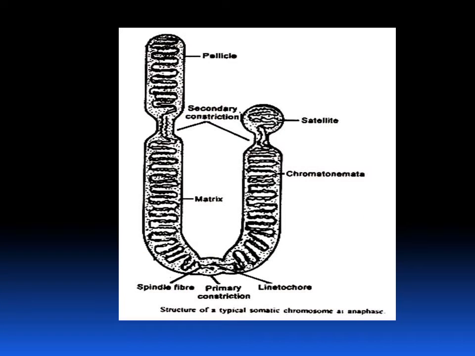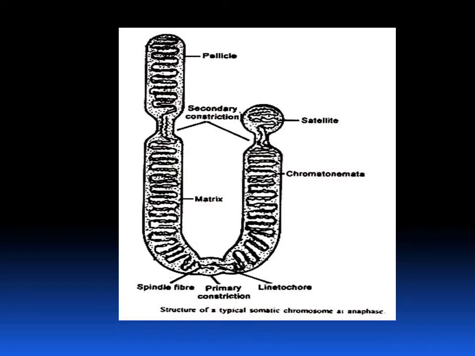This is the general structure of a chromosome. The chromosome has a number of constricted parts and slightly bulgy parts at certain regions, and the first constricted part is called the primary constriction. It is also called the centromere. Why?